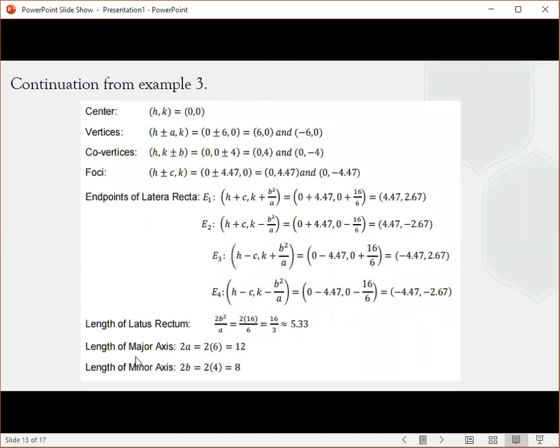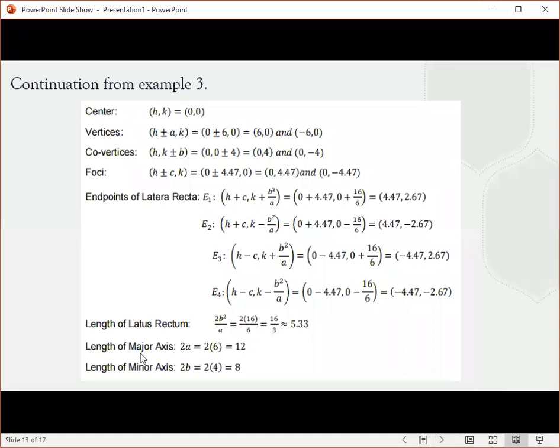The length of the major axis is equal to 2A. So we know that our A is 6. So 2 times 6 is equal to 12. So this is now the length of the longer axis. And then the length of the minor axis is equal to 2B. So 2 times 4, you'll get 8. That is the length of the shorter axis.